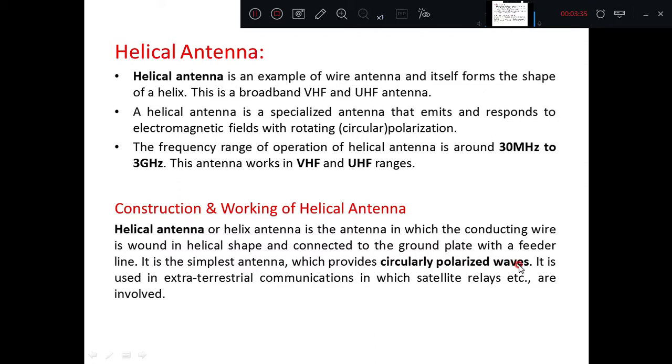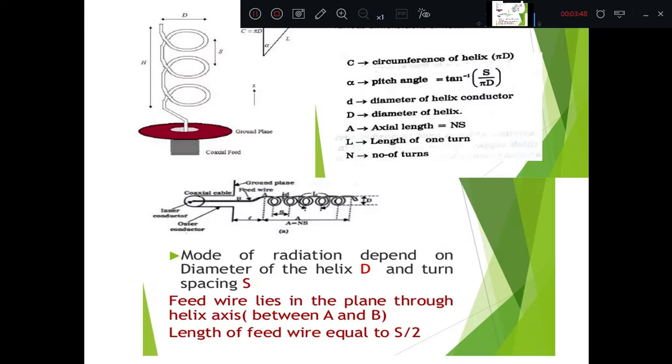So you know how electromagnetic waves are circularly polarized, and it is used in extraterrestrial communication in which satellite relays are involved.